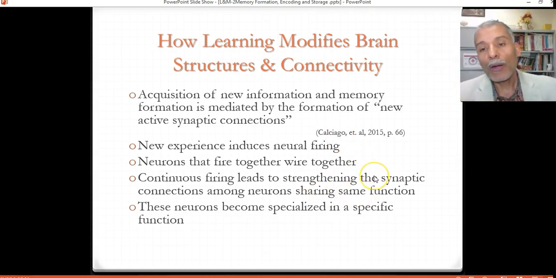Neurons that fire together wire together, because when they fire together, they have signals to identify each other and see that they have the same function, that they basically carry out the same job. So they start to connect and identify each other when they fire. Continuous firing leads to strengthening of synaptic connections among neurons that share the same function.